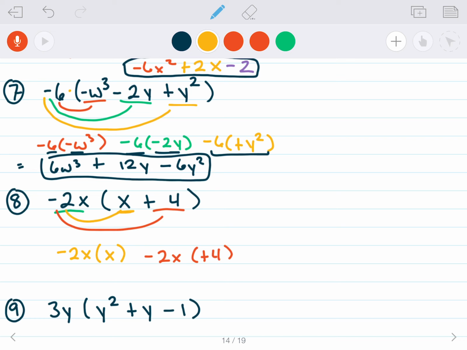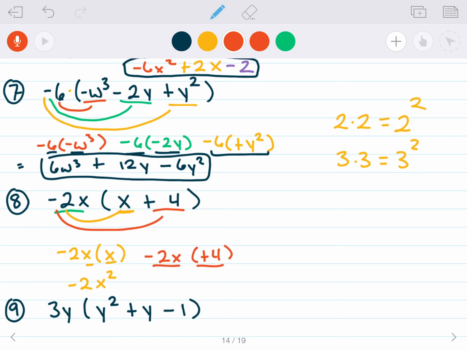So again, x times x, that's just x squared, right? If we have 2 times 2, it's the same thing as 2 squared. 3 times 3 is 3 squared, so x times x is x squared, okay? So we have negative 2x squared, and then we have a negative 2x and a positive 4.